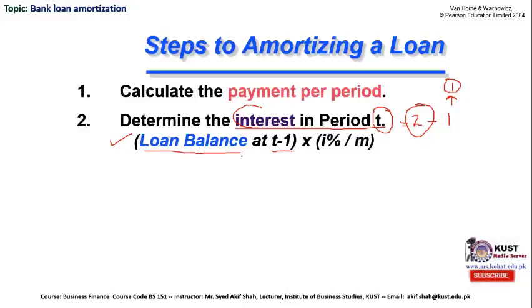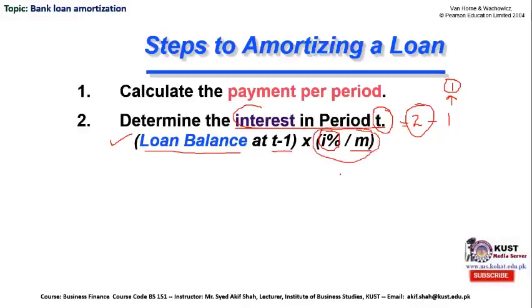But you need to understand the formula to calculate the interest rate: the remaining loan amount multiplied by the compound interest rate divided by the compounding frequency. If compounding is more than once per period, that is semi-annual or quarterly compounding, then you need to adjust this compound annual interest rate accordingly.